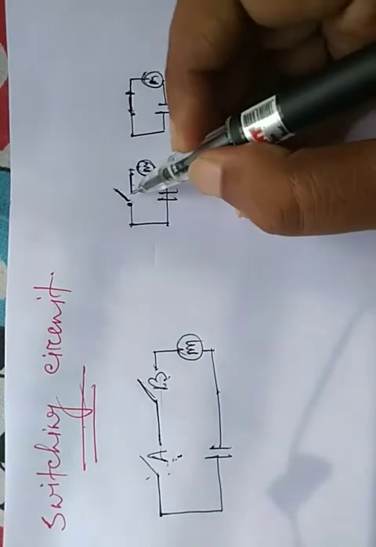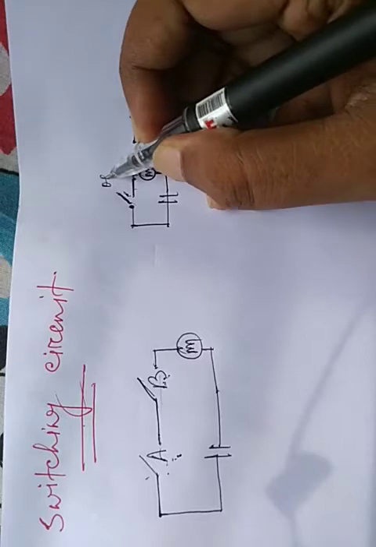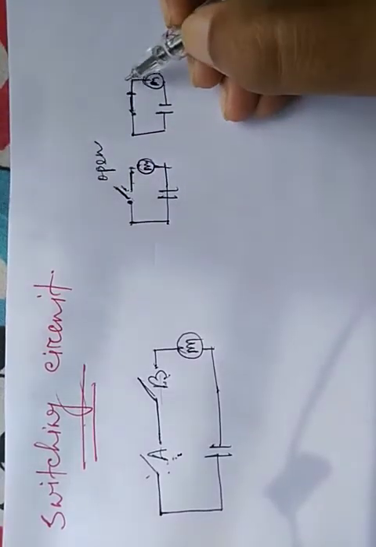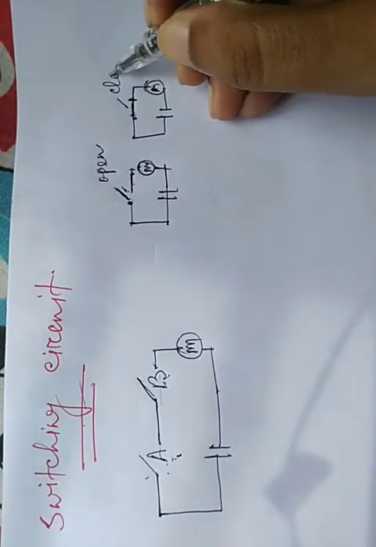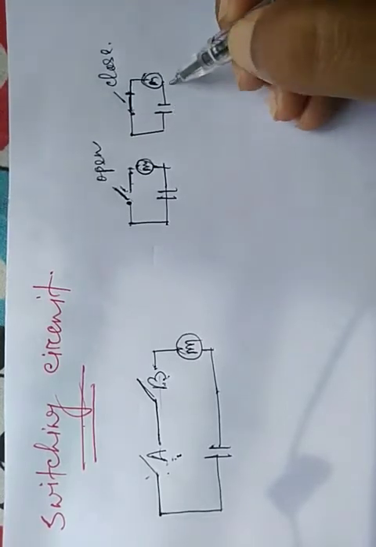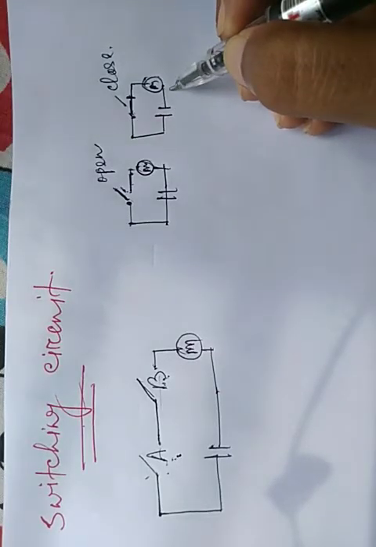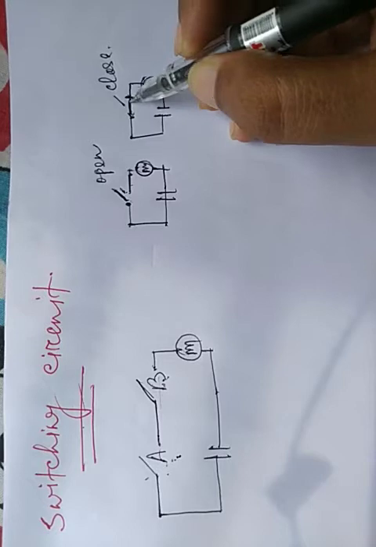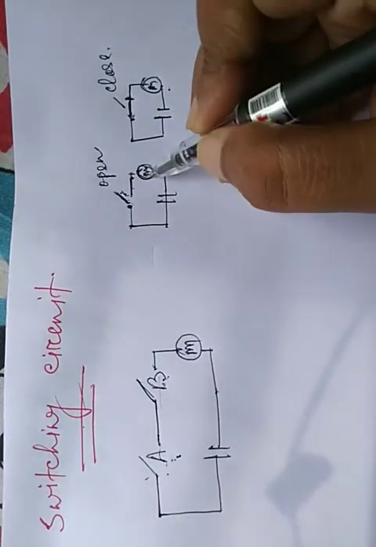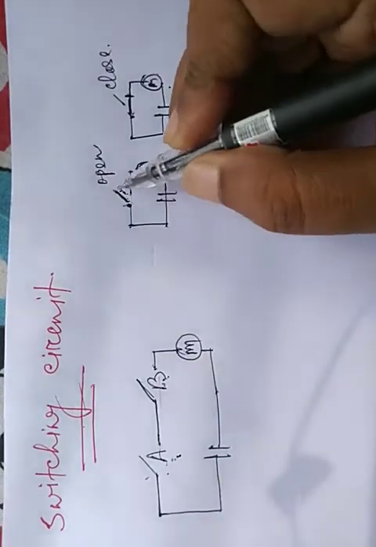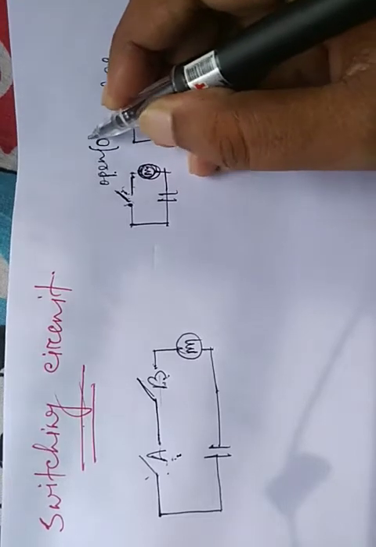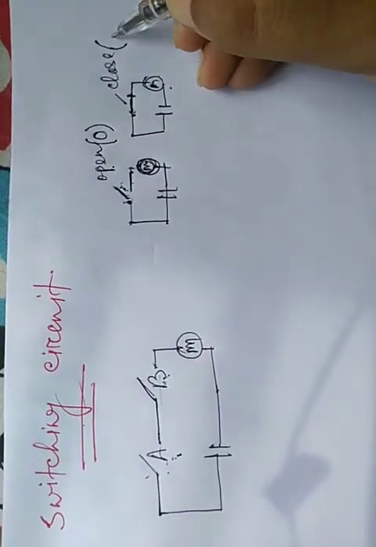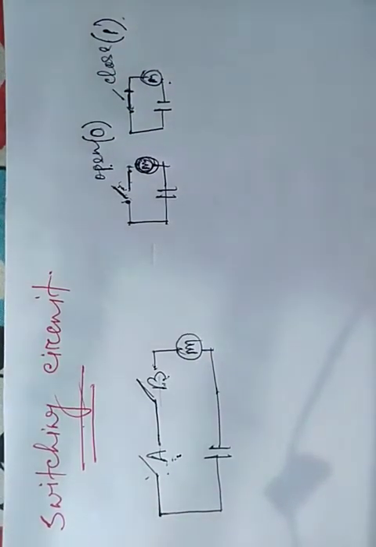This is the open state and this is the closed state. The bulb glows when the switch is closed, and when the switch is open, the bulb will not glow. So the open state is denoted as 0 and the closed state is denoted as 1.